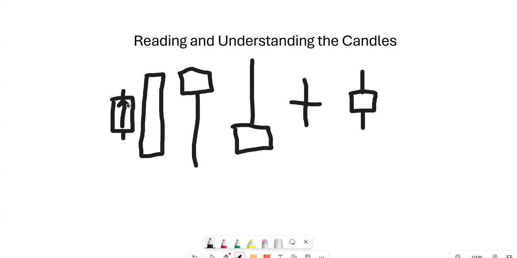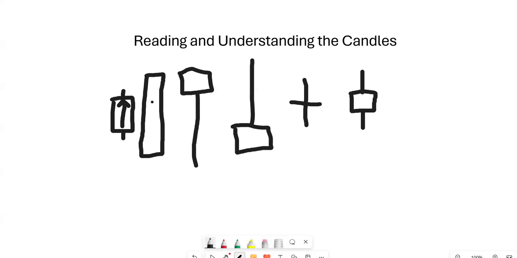Price would open down here at the bottom and the buyers would push up, all the way up. Then they'll come and push down, or they might push down and then push up and then come back down. Now, whatever color this candle is, they win. This is a pretty healthy candle.